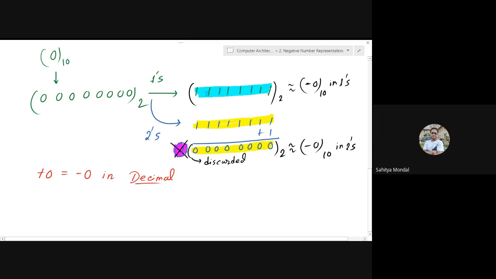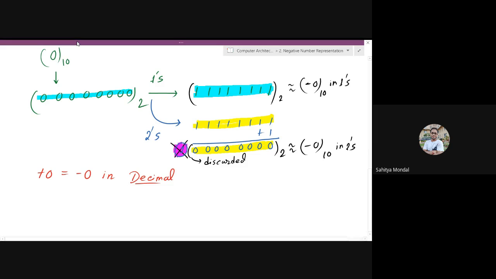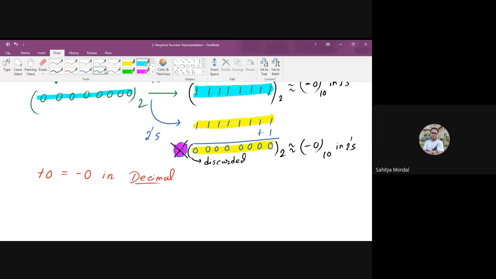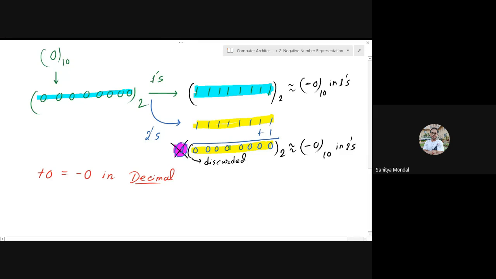Because the +0 bit structure is all 8 zeros and the -0 bit structure is all 8 ones. So that is contradictory. But if you look at the bit structure of 2's complement -0, you can see that it is the same as +0. Sir, wouldn't that be +0? Which one, tell me?